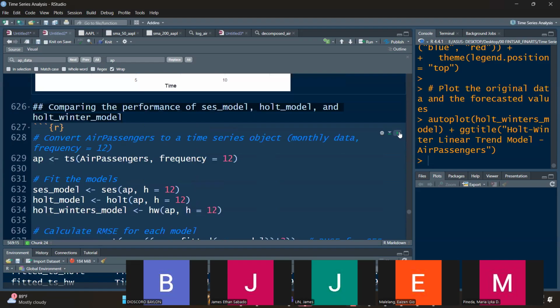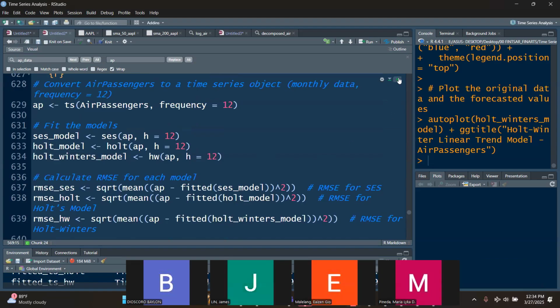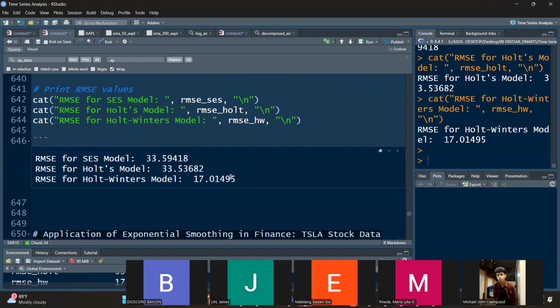If we run this, it will tell you which has the lesser error in modeling our AP. Okay, there you go, class. You can see the RMSE for SES is 33.59.